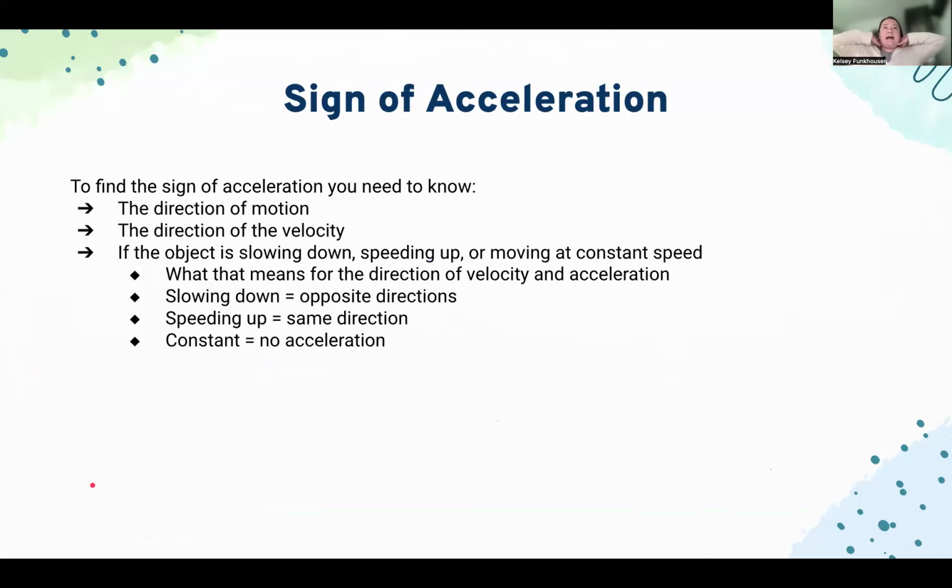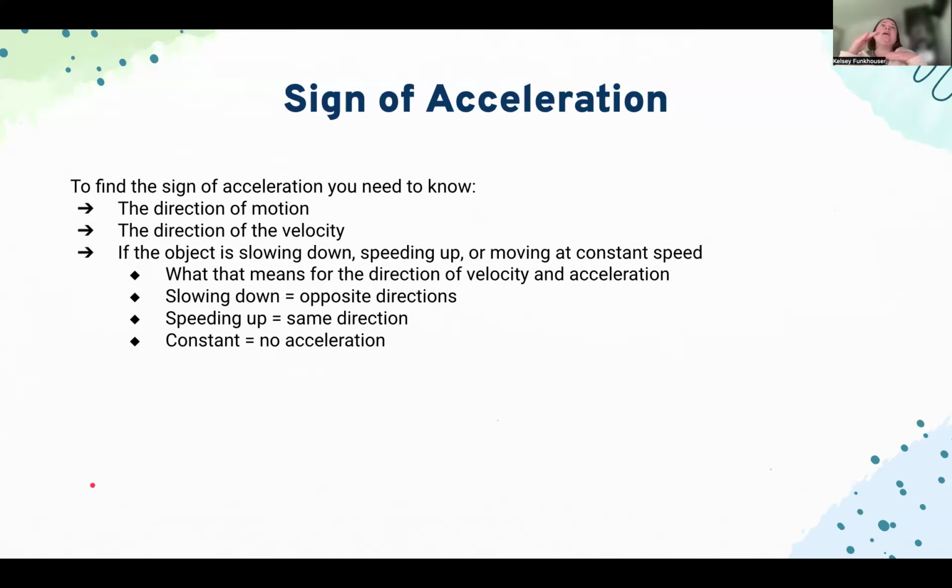What's important is the process of finding the sign of acceleration. So in order to find the sign of acceleration, you need to know the direction of the motion and the direction of the velocity. And then you need to know if the object is slowing down, speeding up, or moving at a constant speed. And then you also need to know what that means for the direction of velocity and acceleration.